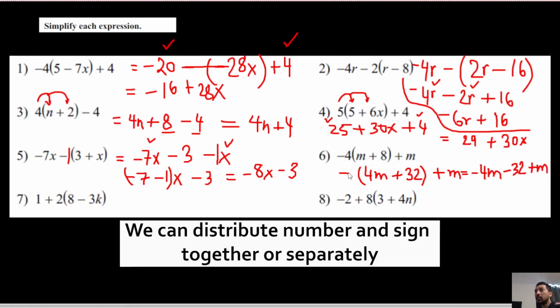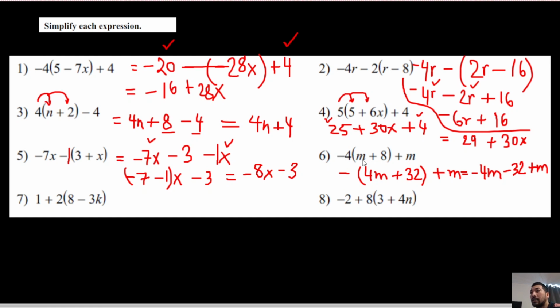So see the strategy here. You can distribute the negative 4 all together. So you can do negative 4 times m, that is negative 4m, negative 4 times 8, that is negative 32. So we can distribute one step at a time, or you can distribute the number and the sign together. Now we have this negative 4m and m as the like terms. So you can just add them. We have negative 4.